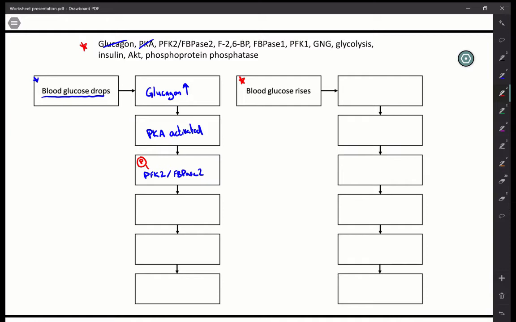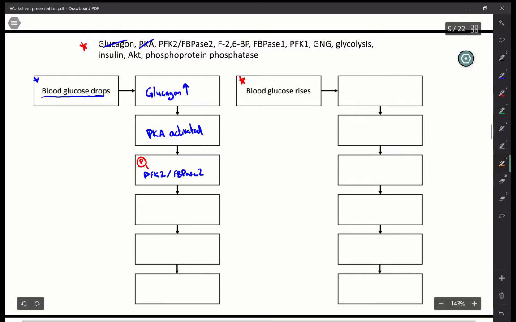There is a kinase domain, which is the PFK2 domain, and then there's the phosphatase domain, which is the FBPase2 domain. The PFK2 domain, or the kinase domain, makes fructose 2,6-bisphosphate, and the FBPase2 domain, or the phosphatase domain, breaks down F2,6BP.